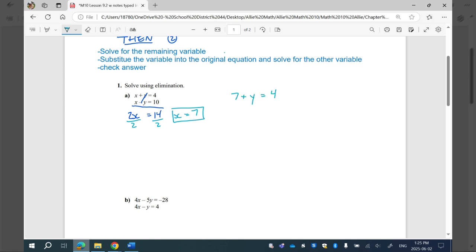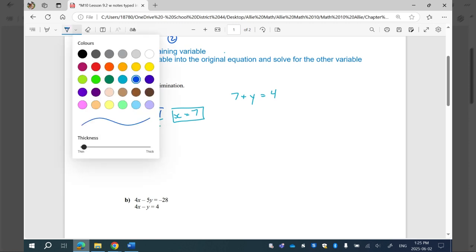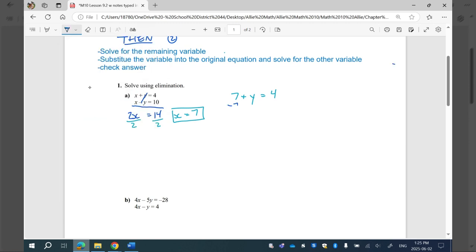Let's solve by subtracting. We want to take away 7 from each side, and we get that y equals negative 3. So now we have that x equals 7 and y equals negative 3.